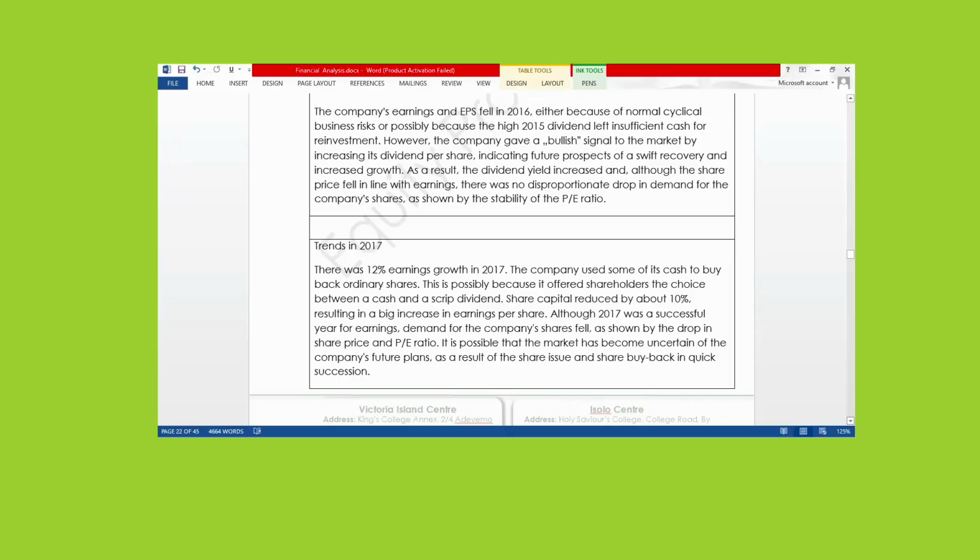Although 2017 was a successful year for earnings, demand for the company's shares fell, as shown by the share price. Share price fell from 290 to 260, and this affected the price earning ratio.